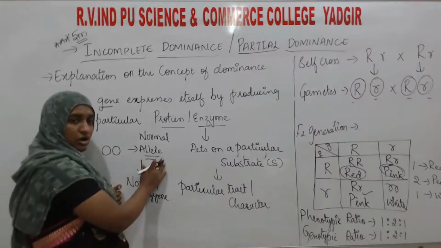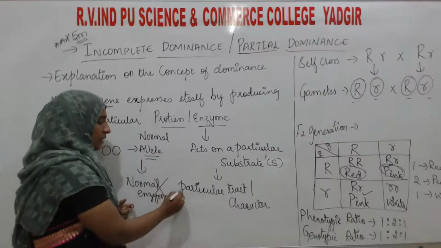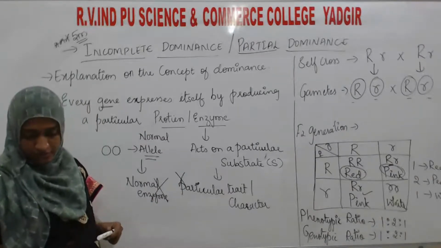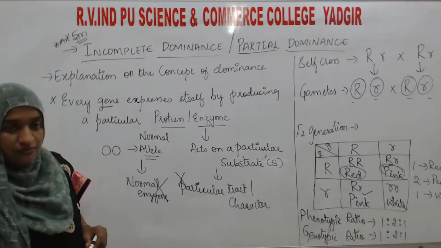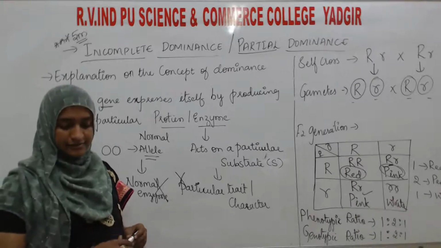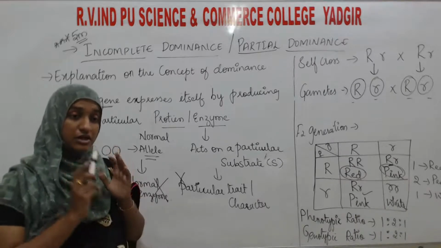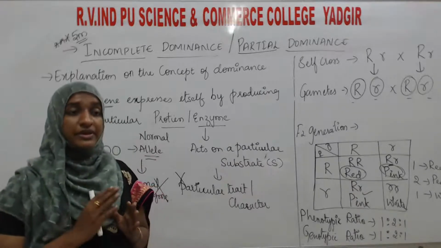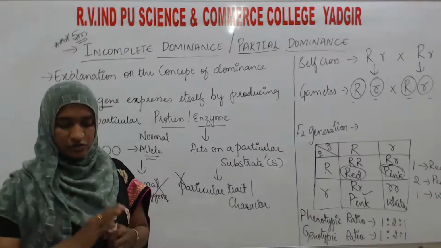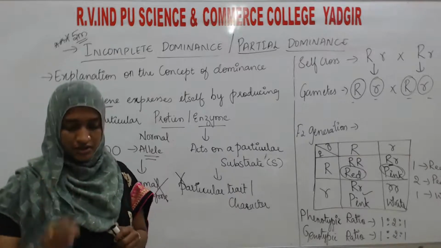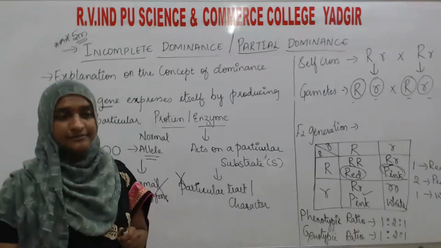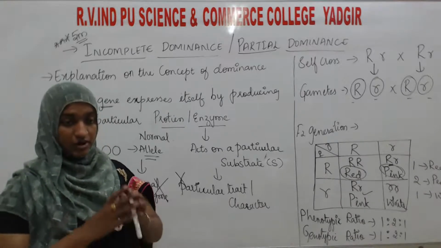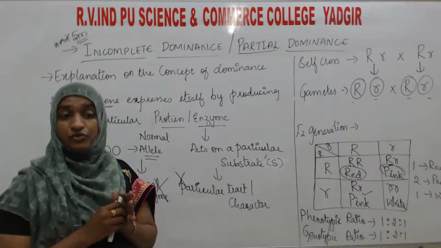If this allele is not going to produce any enzyme, then there will be no particular trait or character. Phenotypic means the external characteristic. So the phenotypic expression mainly depends only on the functioning of the genes or alleles.